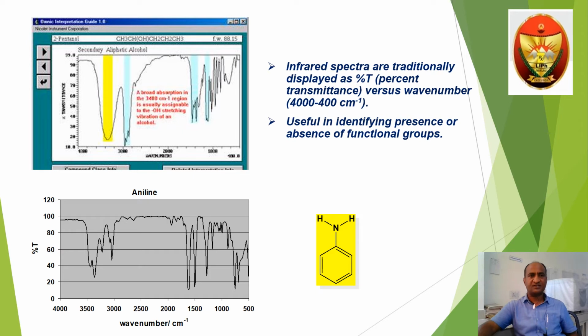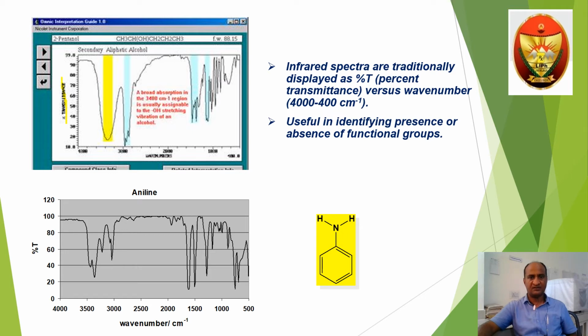This figure is the representation of the infrared spectrum. In the y-axis, we have percentage transmittance, which ranges from 10 to 100%, and in the x-axis, we take wave number ranging from 4000 to 400 reciprocal centimeter.